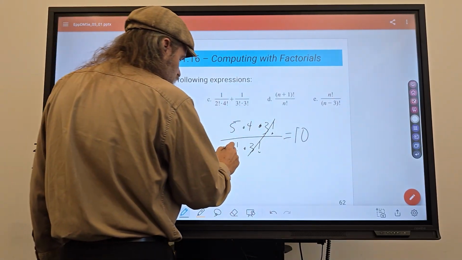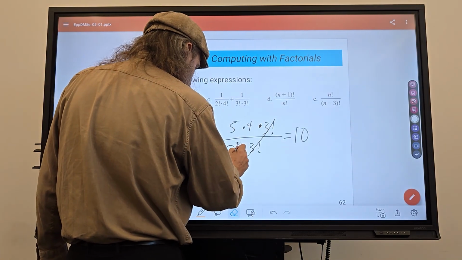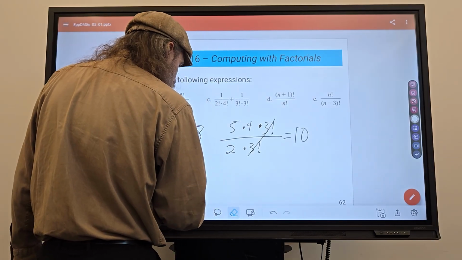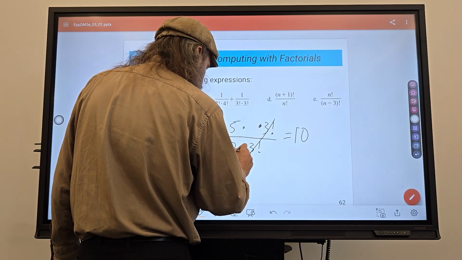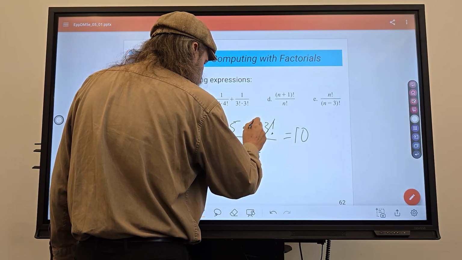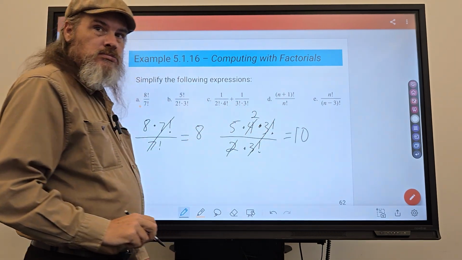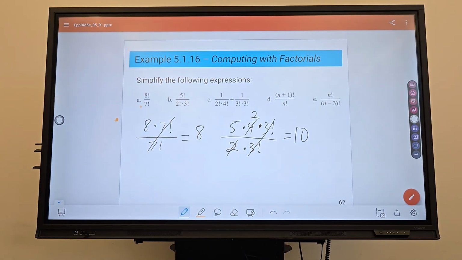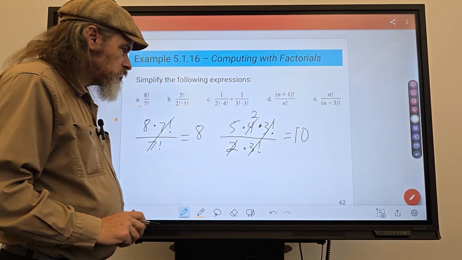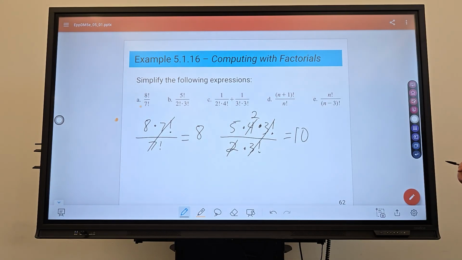Or you could cancel the 2 out of the 4, and that leaves 5 times 2 equals 10. So you can cancel out a lot of terms, simplifying things.